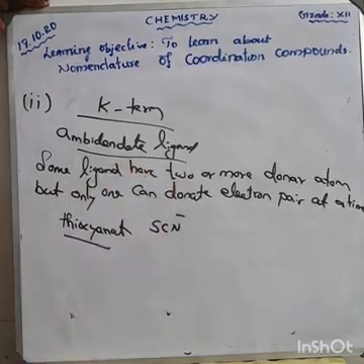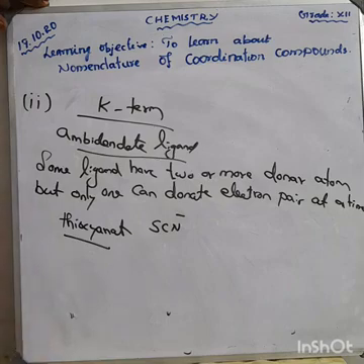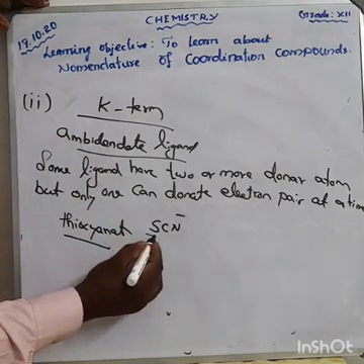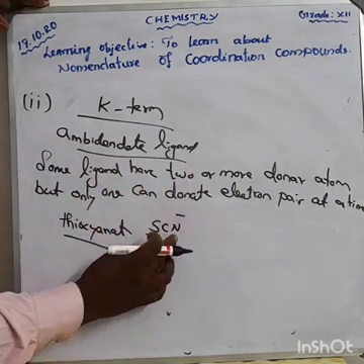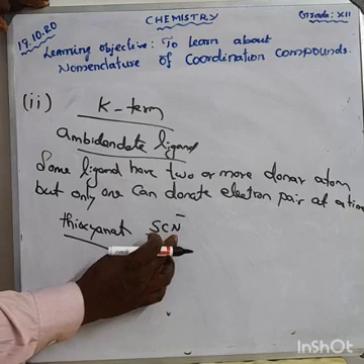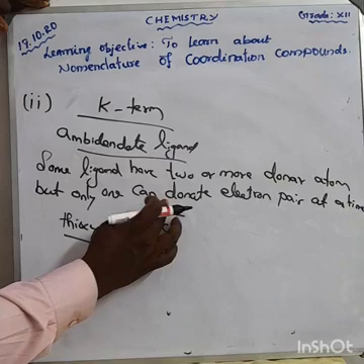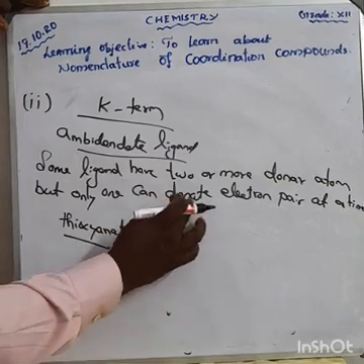Here, the ligand thiocyanate can bind the central metal atom or ion through either sulfur or nitrogen. Can you understand? This is one of the ambidentate ligands.